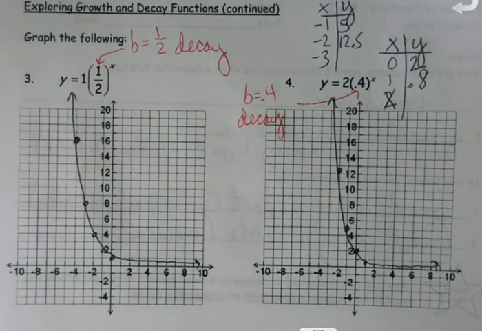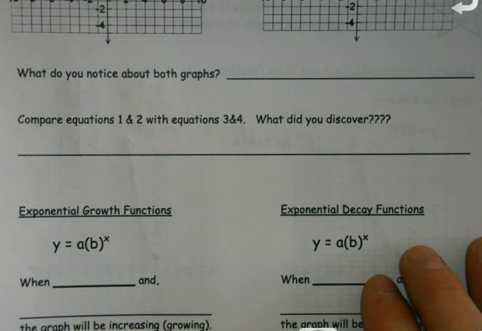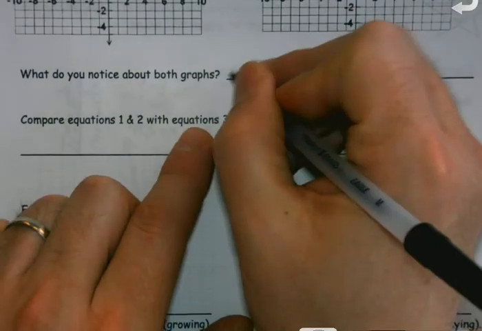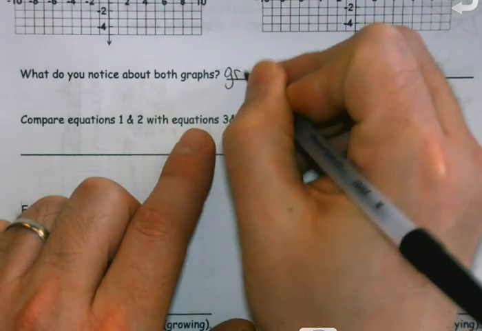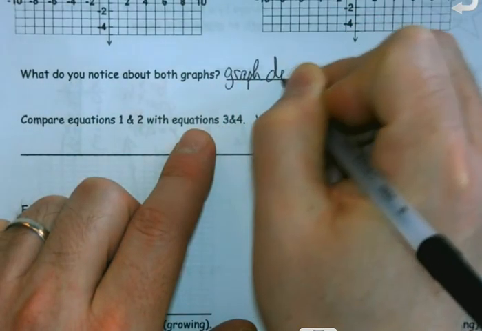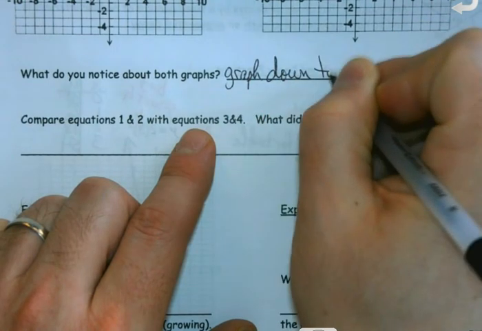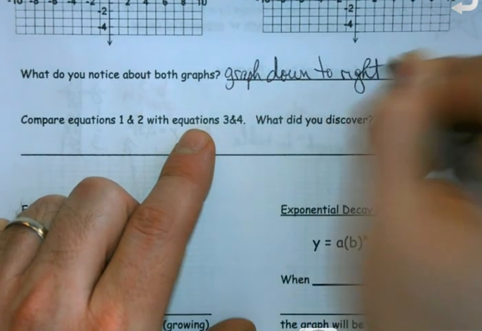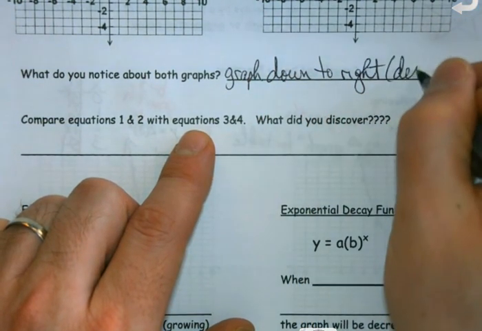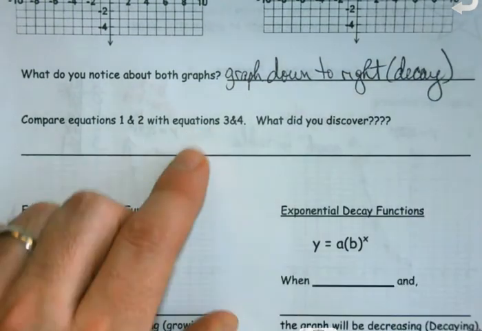So when I bump up a little bit, the graph's going down to the right, which is decay.